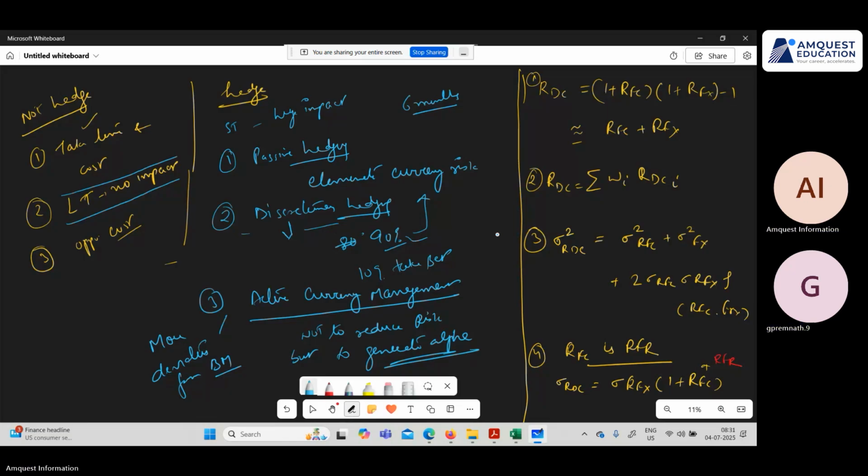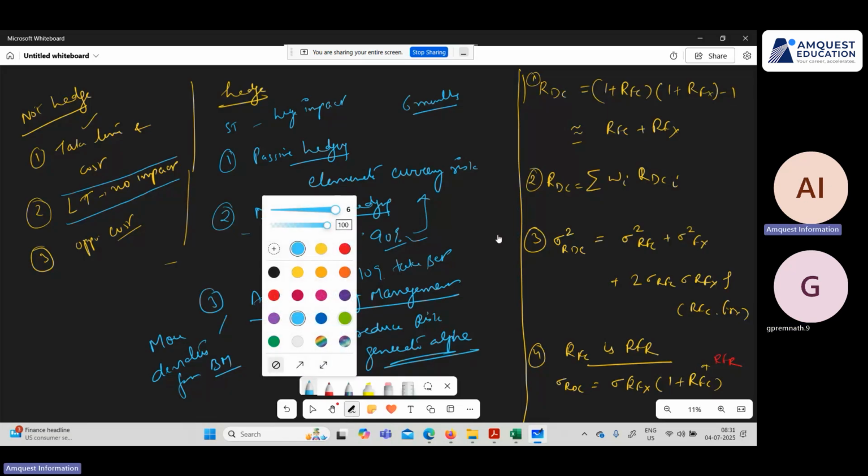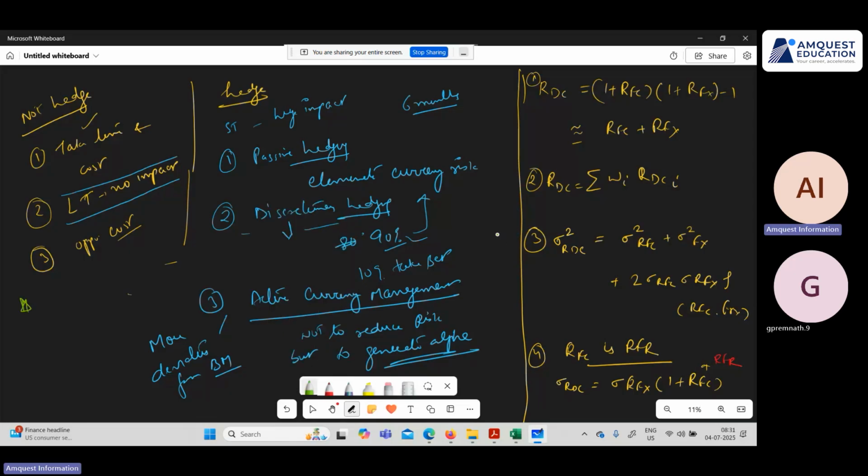Got it. Right? And the last part on this is a special case which is called currency overlay. Basically, a currency overlay tells me that I would be using my currency as a different asset class altogether. The assumption is that some portfolio managers assume that the currency itself is an asset class, and then they take active bets as if they are taking active bets on equities or fixed income or some other asset.